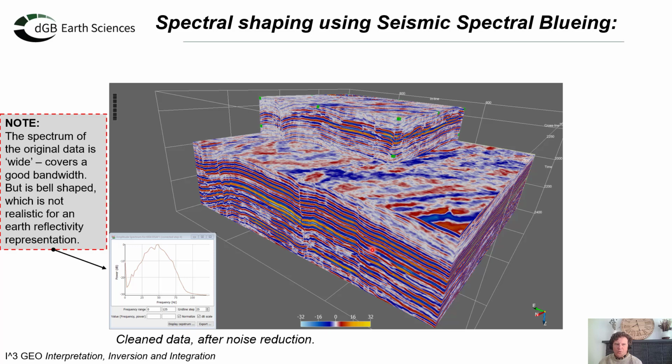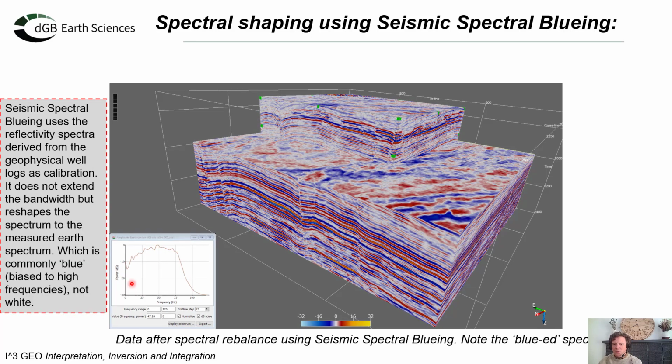Over the seismic bandwidth, the spectrum of the seismic data is then matched to this geological spectrum, giving a geologically optimized view of the data. Here in the original data, we see that there's a wide bandwidth, but that the bell-shaped frequency spectrum is not optimal nor representative of geology. After applying the SSB operator, the spectrum is flattened and the amplitude increases with frequency, which is the bluing effect.